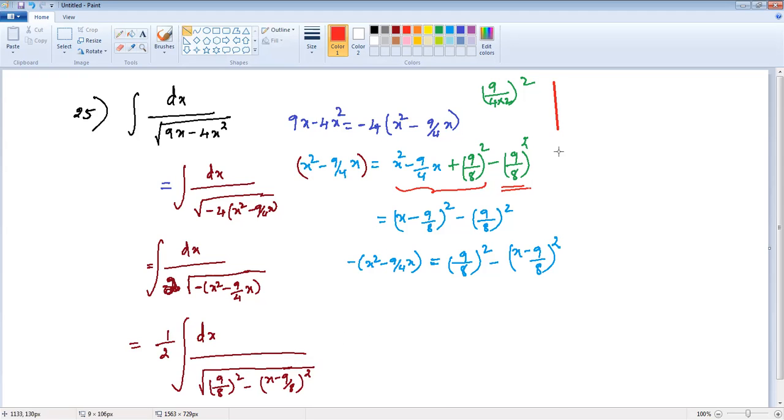Page number 308, you have all the formulas of the form dx by square root of a square minus x square, dx by square root of x square minus.